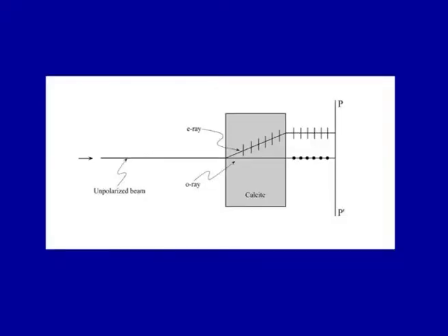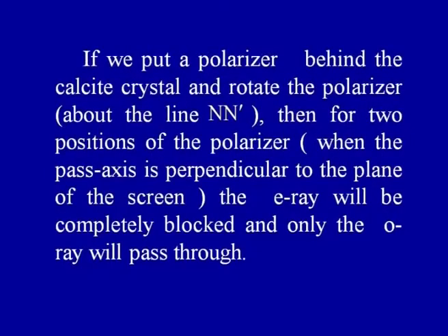Now, if we put a polarizer behind the calcite crystal and rotate the polarizer about the line N prime, then for two positions of the polarizer, when the pass axis is perpendicular to the plane of the screen, the E ray will be completely blocked and only the O ray will pass through.